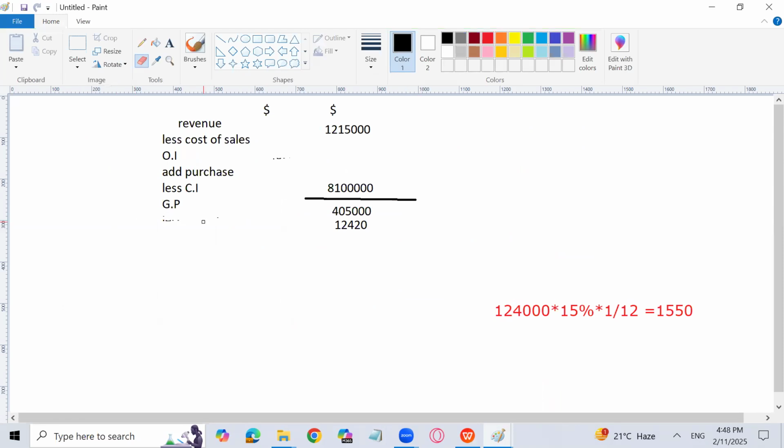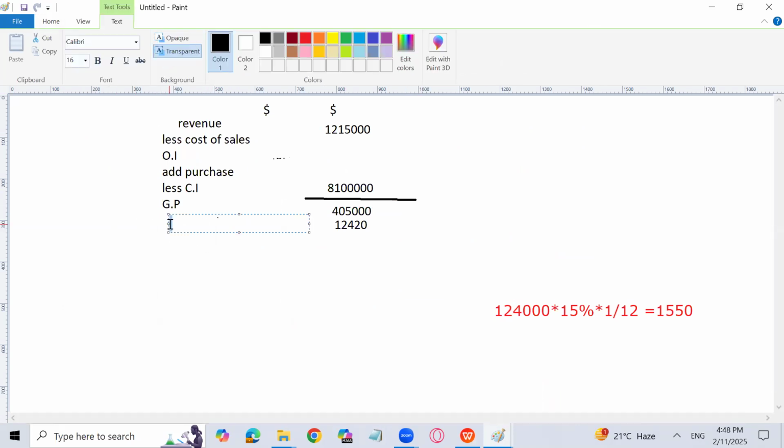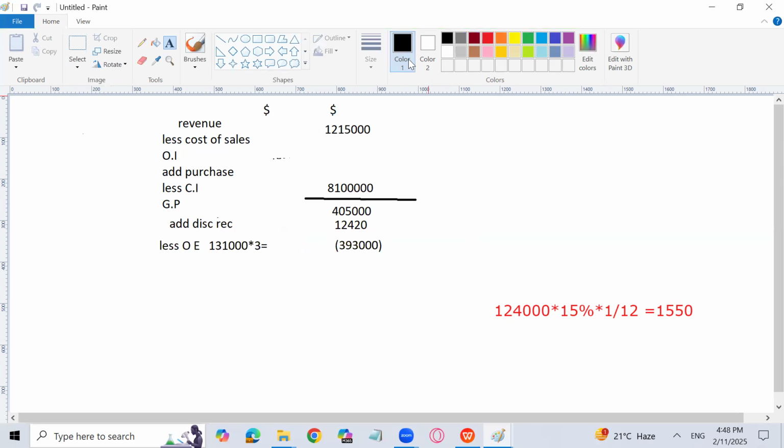And now you have to subtract the expenses. Only one expense is given, that is operating expenses, and that is 131,000 multiplied by 3 for 3 months. How much will it come to? 393,000. If you want to write depreciation separately for 3 months, you can.